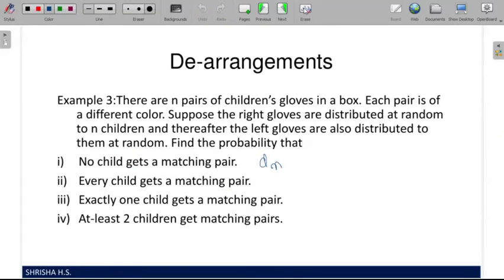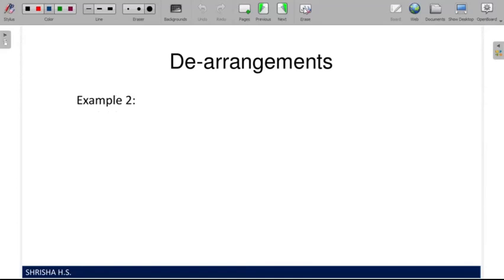Next one: exactly one child gets a matching pair out of n children. One child gets a matching pair, and for the others it is a de-arrangement, which means we are calculating the de-arrangement of n minus 1 children, divided by n factorial because it is a probability.